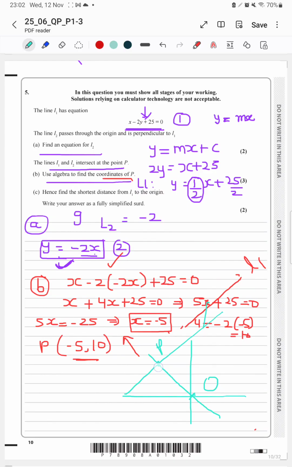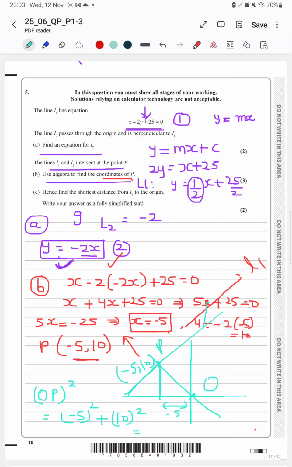How can we find this OP? P is given as the point negative 5, 10. So if I find this distance, it is going to be 10 and this distance is going to be negative 5, and we have to find OP. So I can apply the Pythagoras theorem. OP squared is equal to negative 5 squared plus 10 squared.